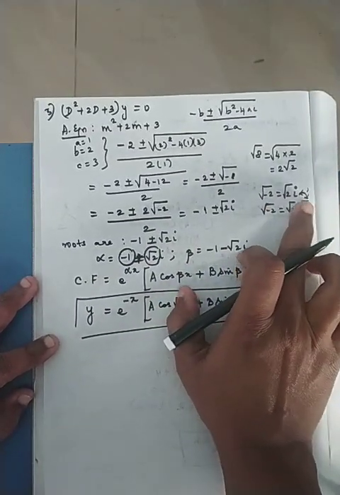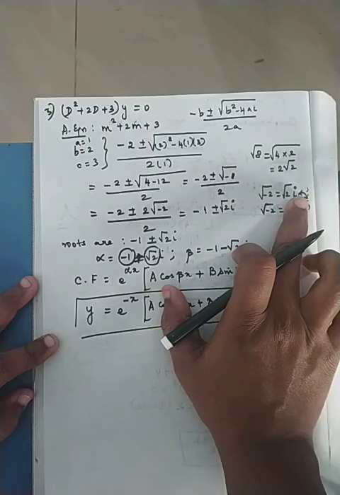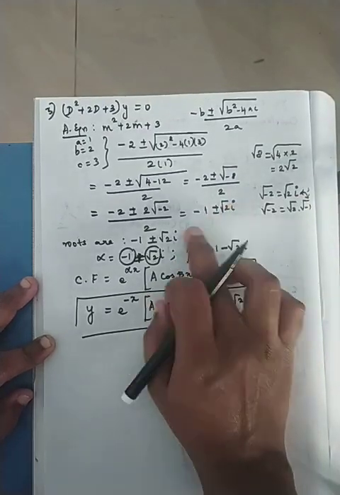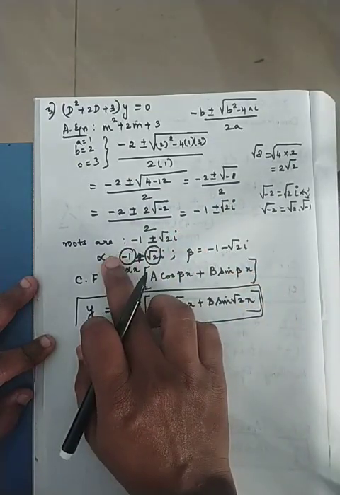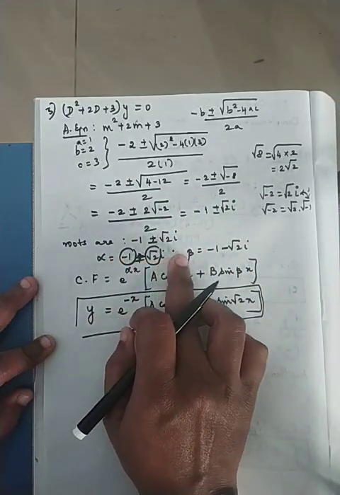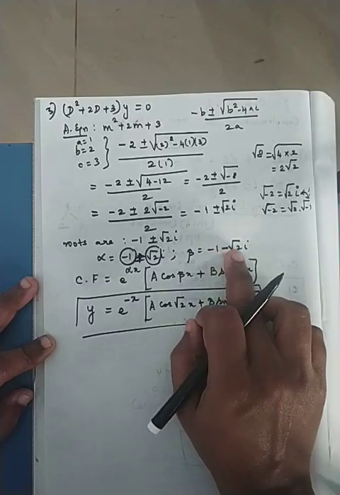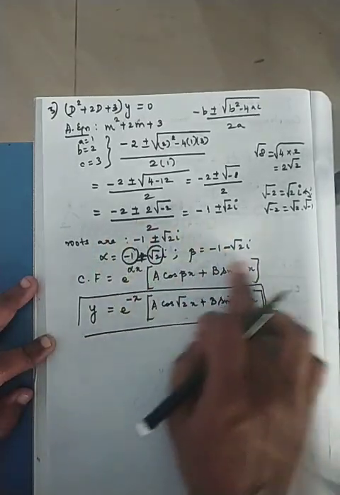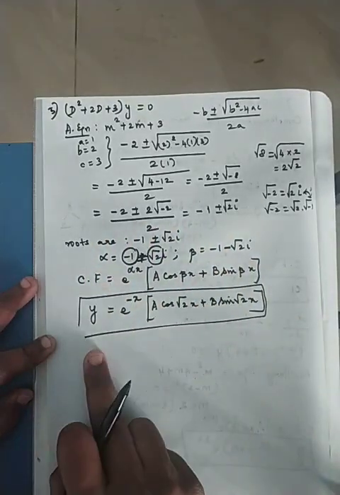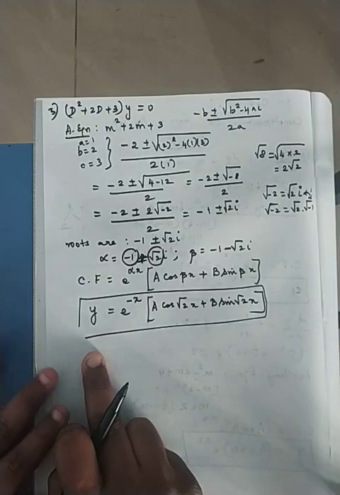This root of minus 1 is represented as i, which is the imaginary part and becomes a part of the complex number. This is one full complex number. So one root is minus 1 plus root 2i, and the other root will be minus 1 minus root 2i. These two you can take and apply in the general solution of the form.